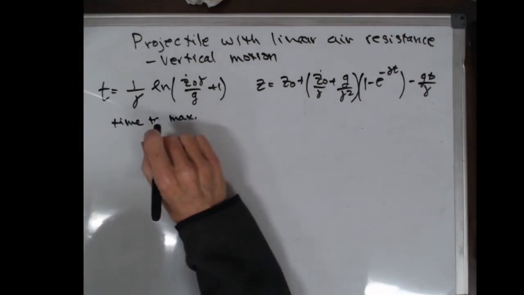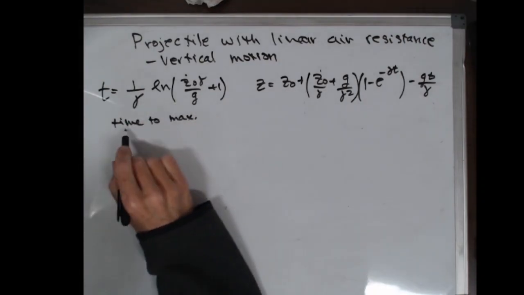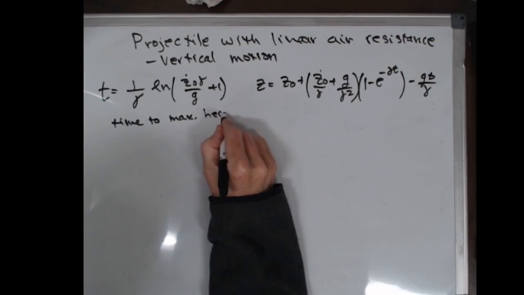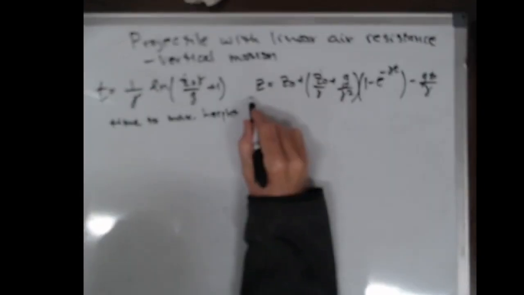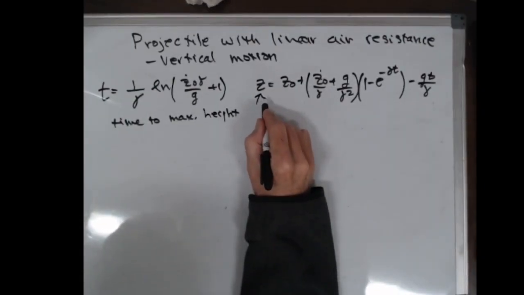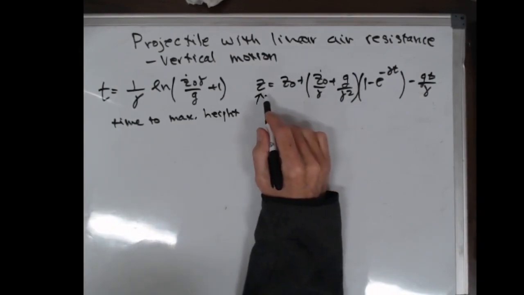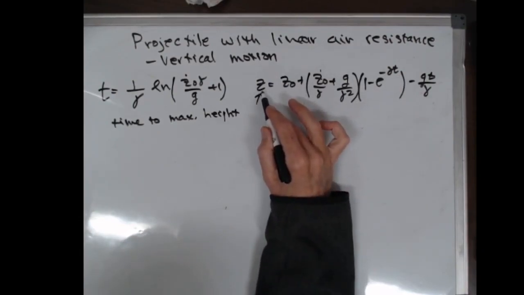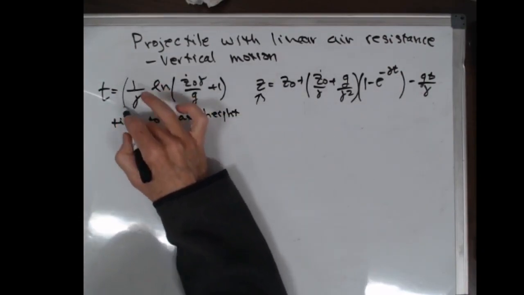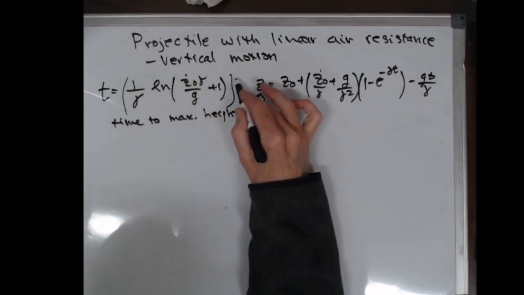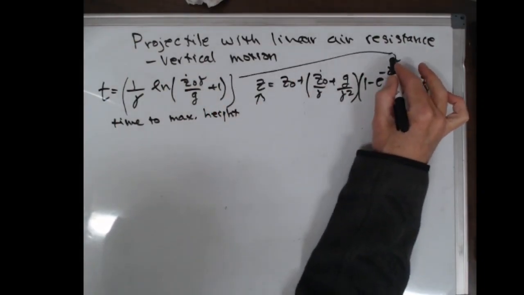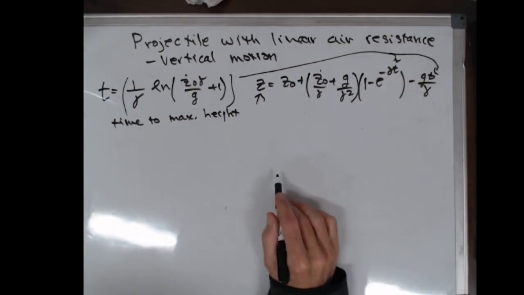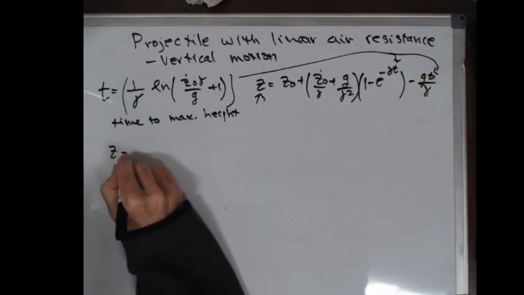So if I want to figure out the height, this is the time we just determined, the time to max height. This is the height as a function of time. The vertical height is a function of time, right? And so if I want to know what the vertical height is at this time, I just take this time here and plug it in for the times here and here. And so I can get z is equal to z naught.